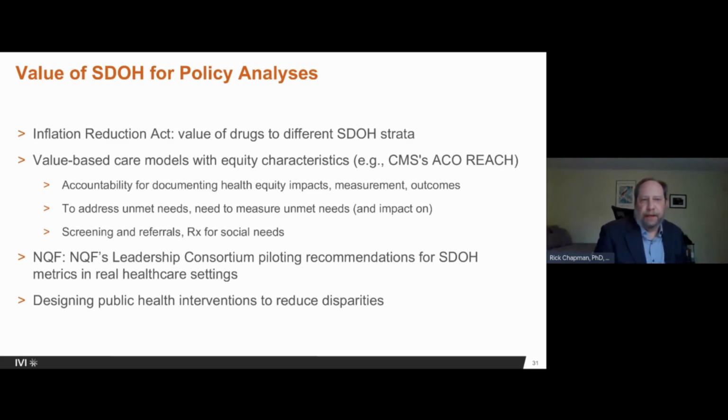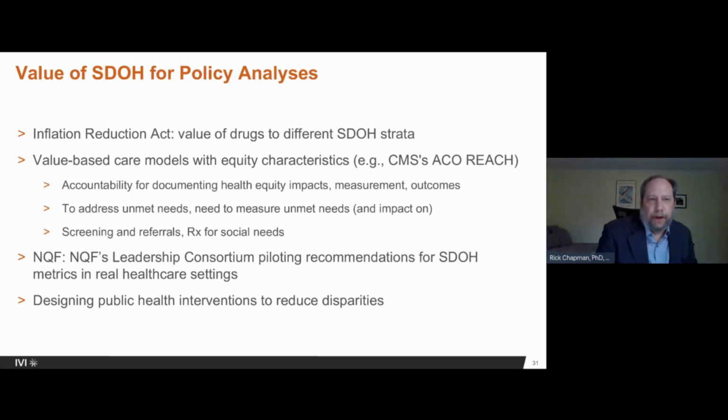But one of the things that I think people are concerned about is, are we going to look at different strata around social determinants of health? And could treatments have different value to people who have different social determinants of health needs? And is that going to be taken into account when we're looking at the price negotiations for the drugs that will be included in the IRA?